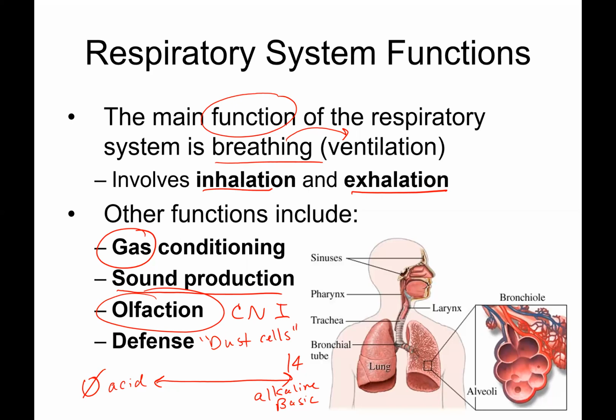Okay, you also have the mucus. So for defense, you have the mucosal lining. So the mucus lines a lot of tubes in our body, right? So respiratory passageway is one of them, and also the cilia. Okay, so the cilia will move particles away from the lung field.